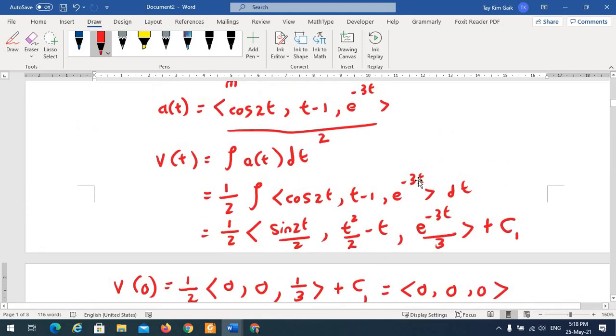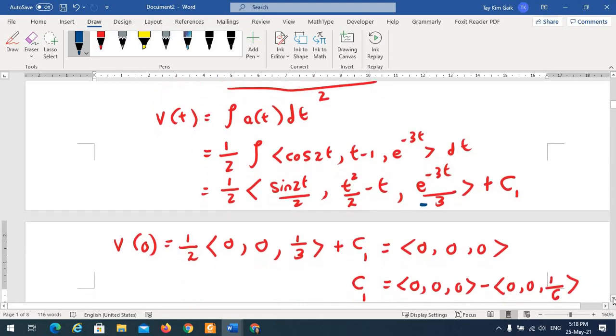Integrate e to the negative 3t. Integrating e to the negative 3t gives e to the negative 3t divided by negative 3. So when we plug in t equals 0, component j is 0, so this will be negative 1/3.